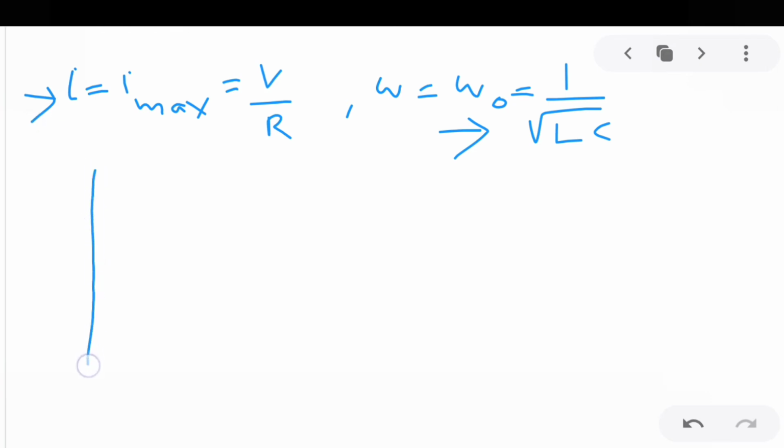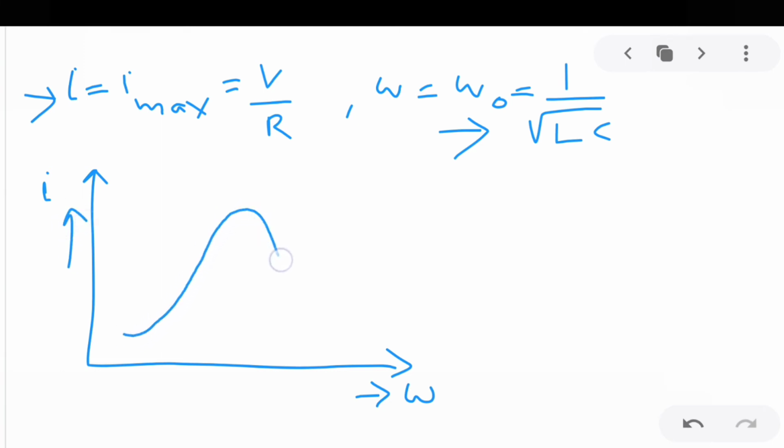Now if we draw a graph showing the variation of current with angular frequency, in this direction we have angular frequency, in this direction is current, so the graph will be like this. At resonant angular frequency, when omega is equal to omega naught, the current acquires a maximum value. So this is the graph showing the variation of current with frequency.